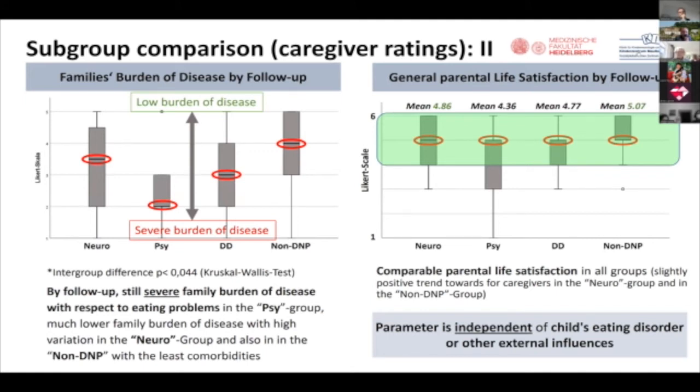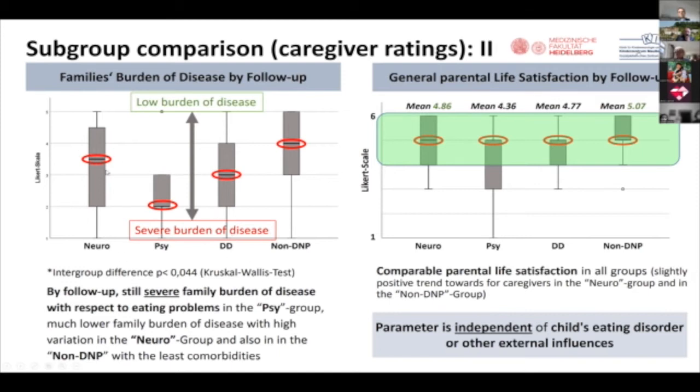Now we see another point which is quite in concordance with these first data. You see that the parents from these groups still report quite a severe burden of disease, that means that their children are still very picky with eating and still making a lot of problems with eating, concerning the behavioral group, and in a medium range in the syndromal group.